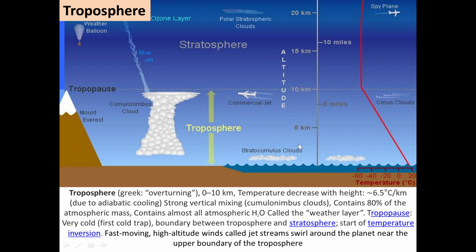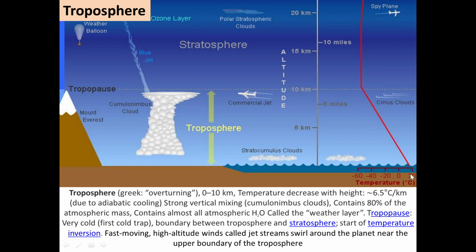There is raining, and jet streams, commercial jets flying, and day-to-day weather activities happening in the troposphere. Then we come to the next. Here the temperature is decreasing, up to minus 50 degrees Celsius.